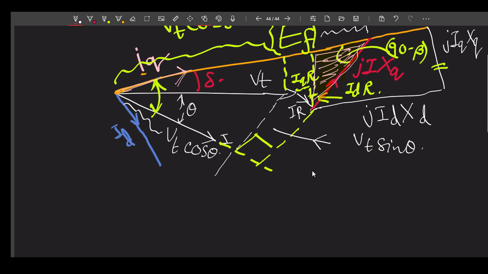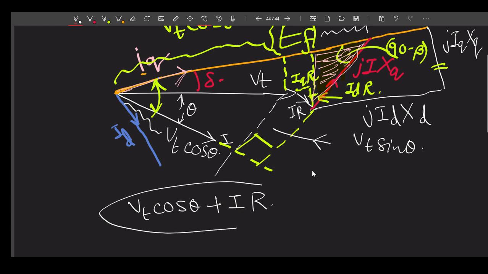Now for this triangle also, you can write the base of this triangle as Vt cos theta plus IR. This is this arm.